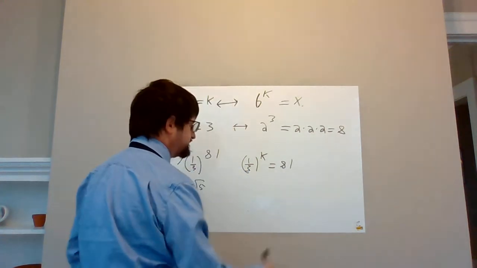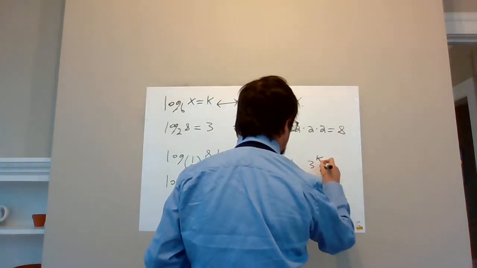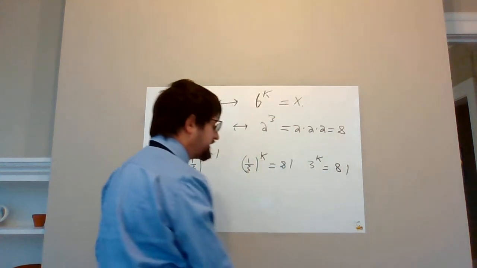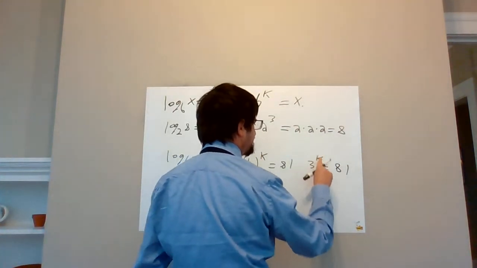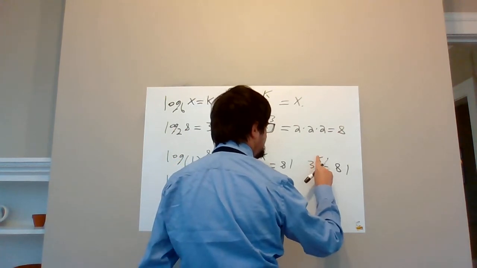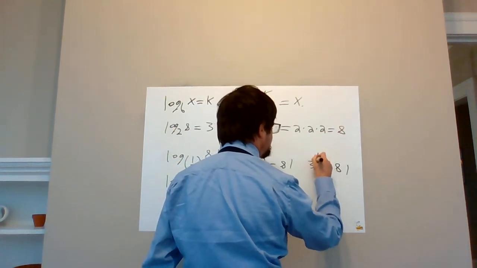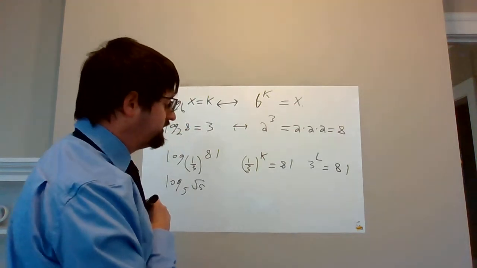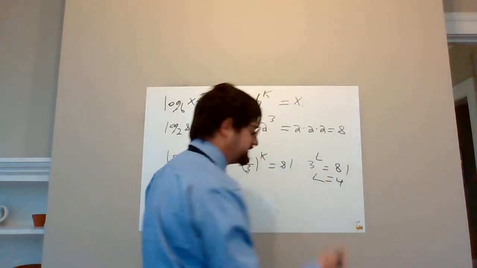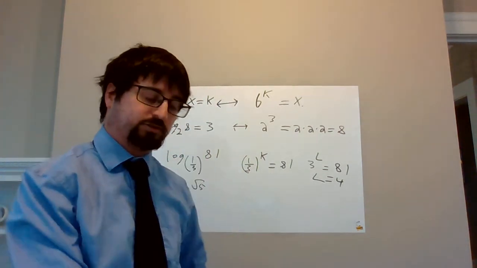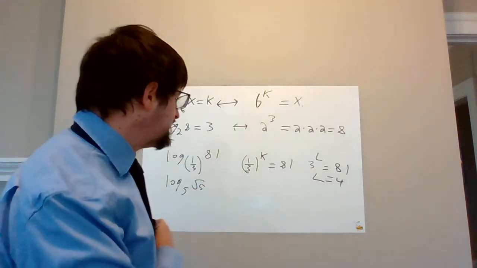That's probably a little easier, right? Well, we probably shouldn't call this k. I'll call this capital L. 3 to the L equals 81. Then L better be 4. Right? 3 times 3 is 9, times 3 is 27, times 3 is 81.